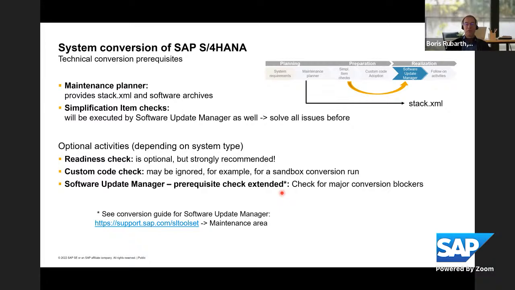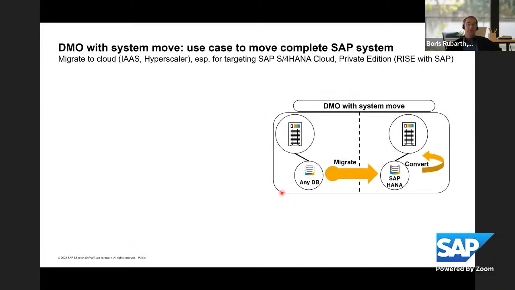And now let's come back to this specific case that we do not want an in-place procedure, but we would like to combine the system conversion with a move to hyperscaler, for example. So DMO with system move. It's a use case to move the complete SAP system as part of this system conversion. So you can migrate to cloud in the sense of infrastructure as a service, hyperscaler.